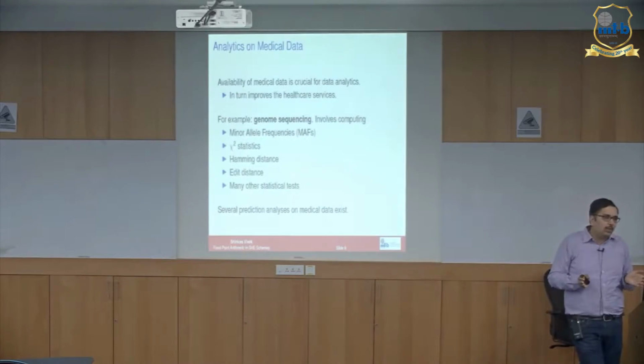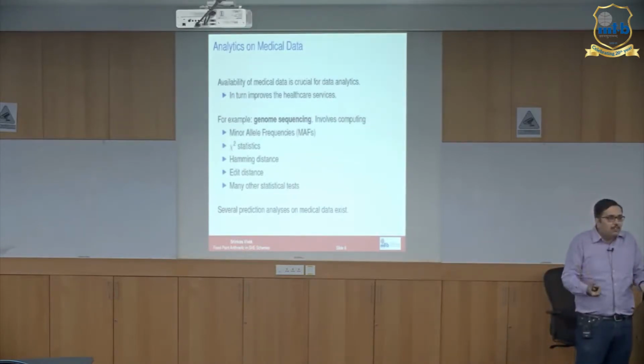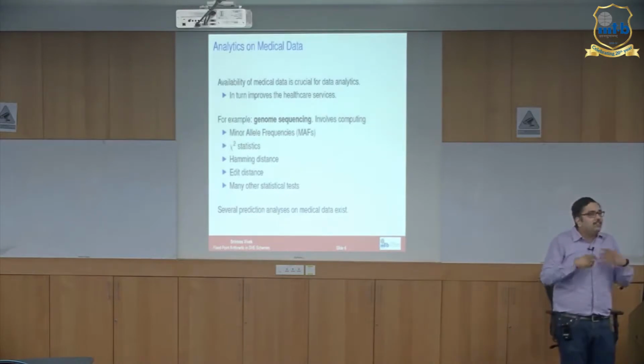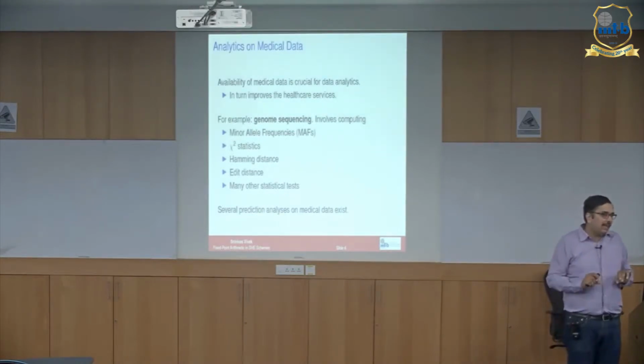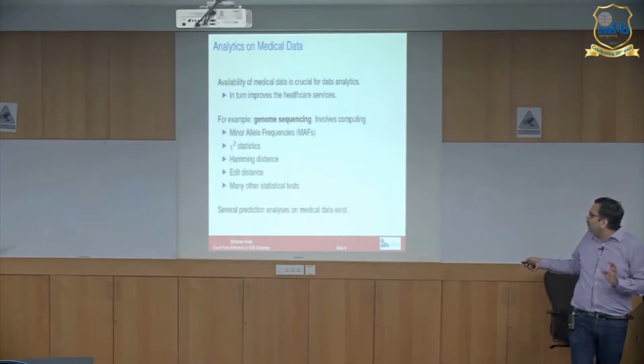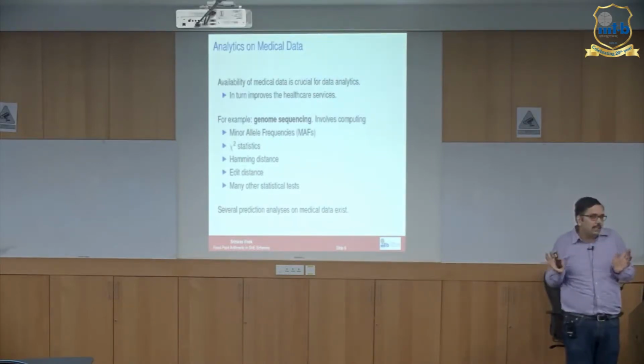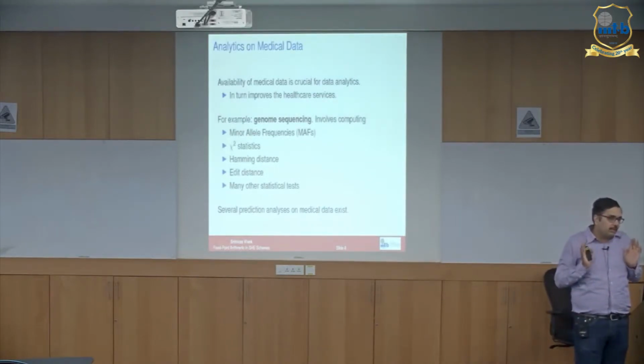But that should not happen. If you're given the whole data, then of course you can do analytics, right? But the point is, we want to give out data in such a way that you will only be able to extract the information for whatever you want to compute. For example, suppose you want to compute the Hamming distance between two DNAs, you should only be able to get the result, nothing more than that. So this is the problem we are trying to address.